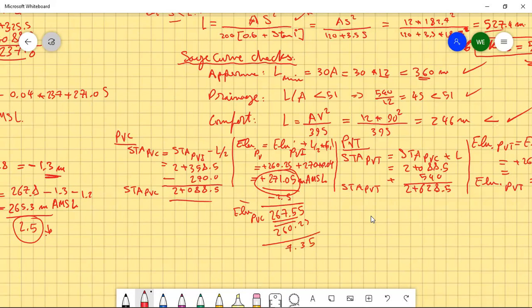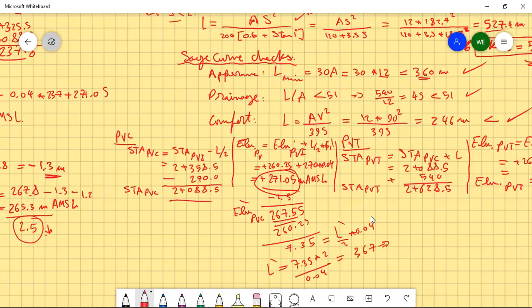So that should be equivalent to the new L over 2 multiply 0.04. So the new L should be at least 7.35 multiply 2 divided by 0.04. So the new length needs to be 367.